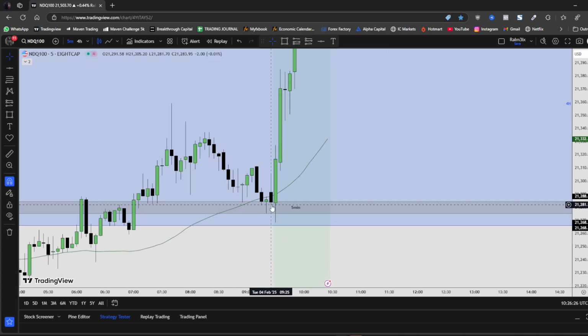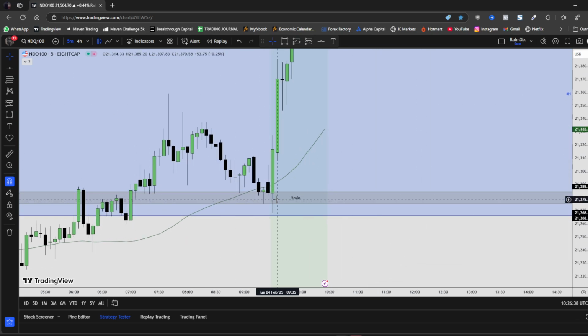Because it's the last support price created before the Indices Open candle, okay, and it is below the 15 moving average, okay. So it was valid for a sell, but price opened, faked out, took liquidity below the zone and just flew.